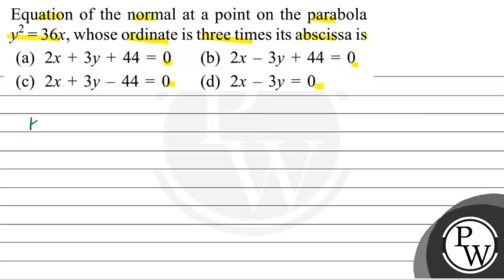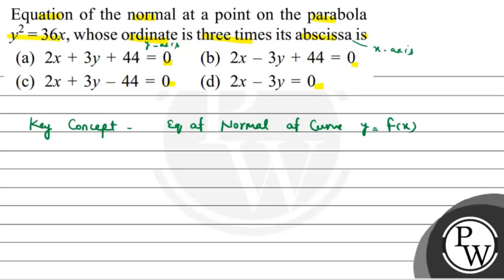Okay, so the key concept for this question is, first of all, abscissa means x-axis and ordinate means y-axis. The key concept is the equation of normal of the curve y is equal to f(x).